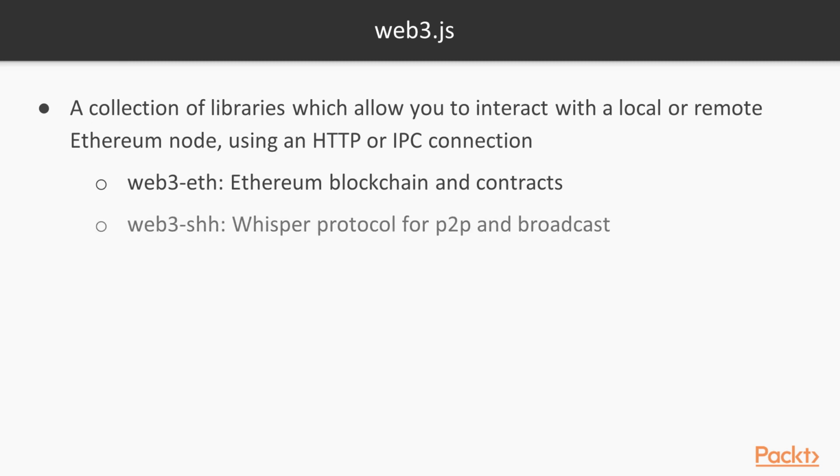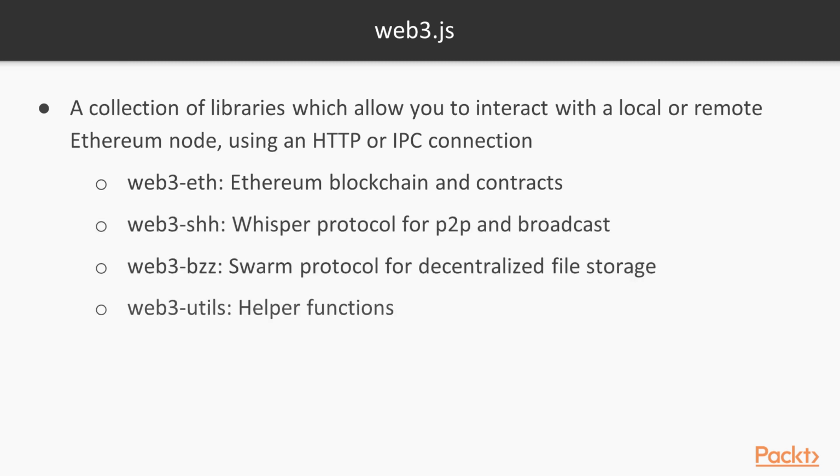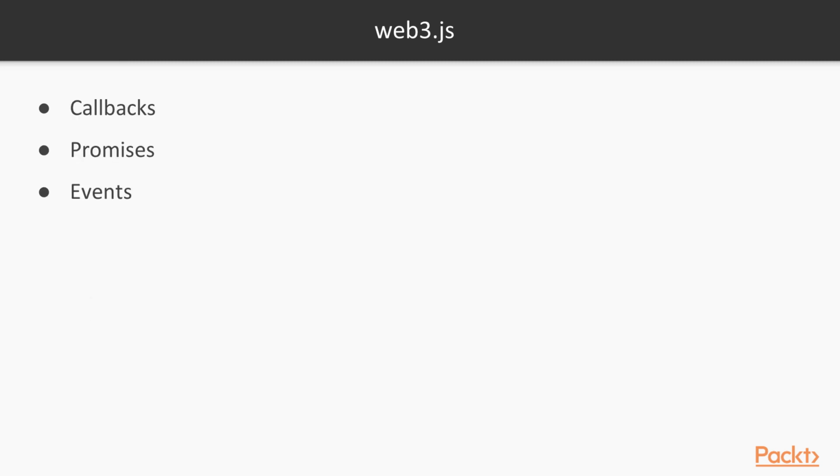There are 4 main modules, but the ones that we're going to be working with in this course are Web3 ETH for communicating with the blockchain and our contract, and Web3 utils for some utility functions such as converting between different denominations of Ether. Web3 allows you to use callbacks, promises, and provides event emitters to try and provide all the options you need. We're going to be using promises extensively, and I'll be covering those in detail in just a bit.